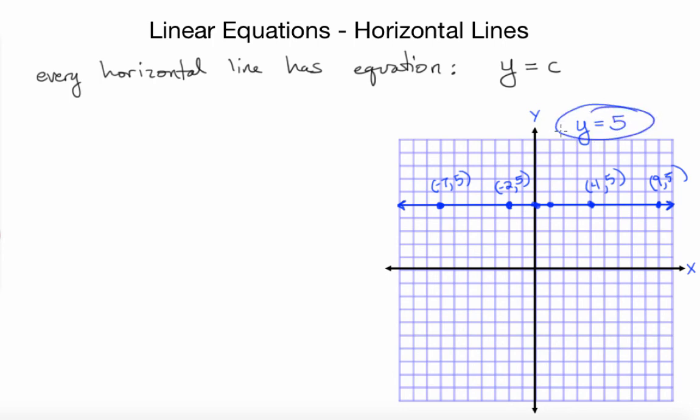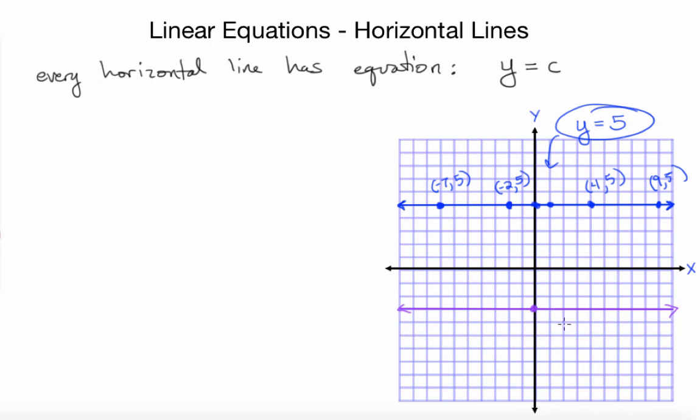I want to think, what are all the points that have a y value of 5, and that's going to form my line. If I had another line, let's say if I drew a line down here, there's another horizontal line. This one crosses the y-axis at -3.